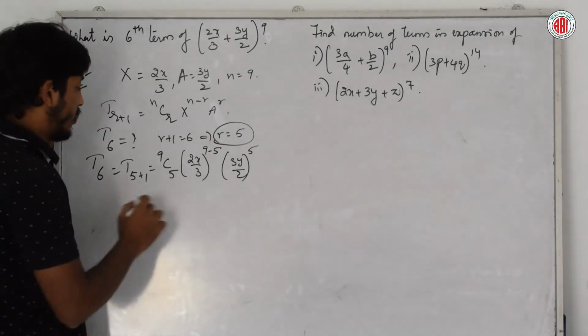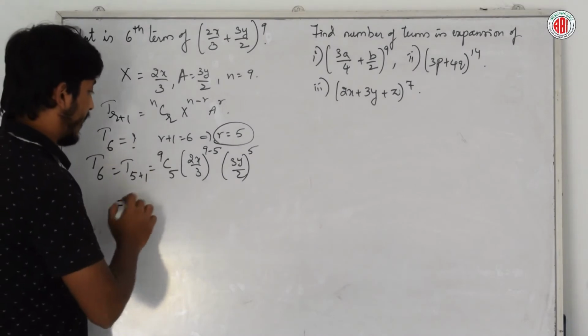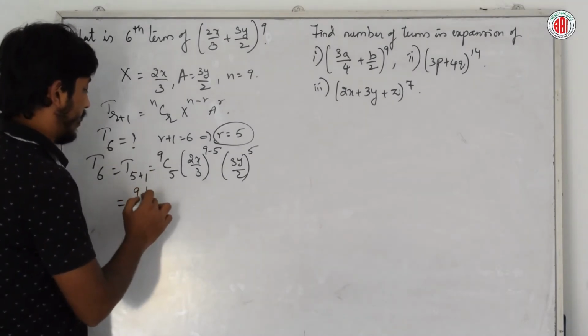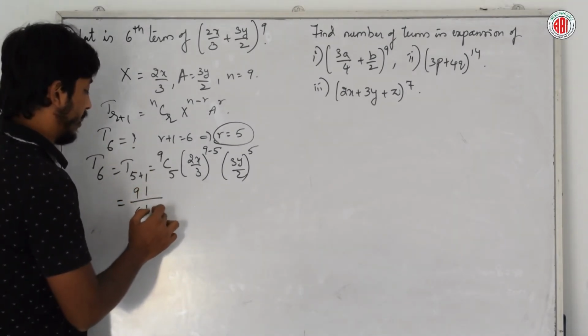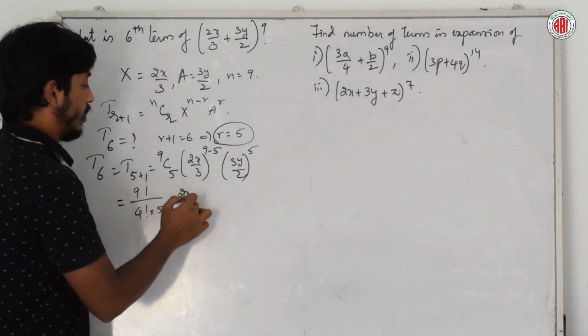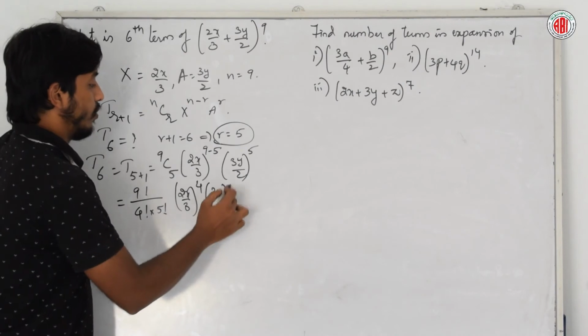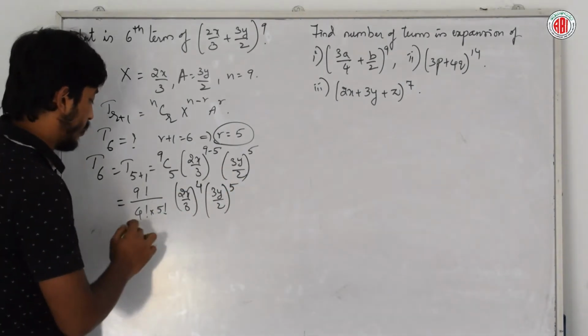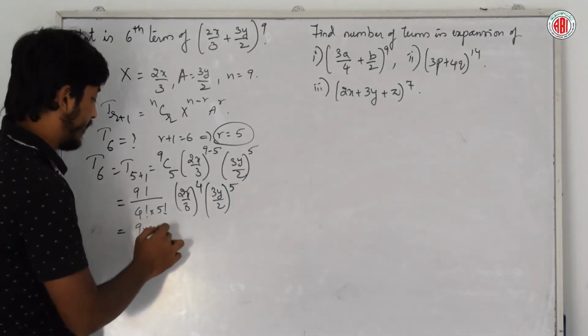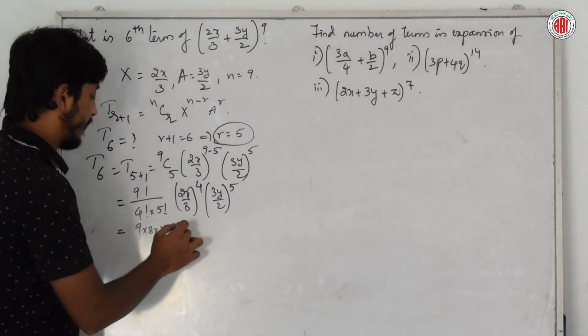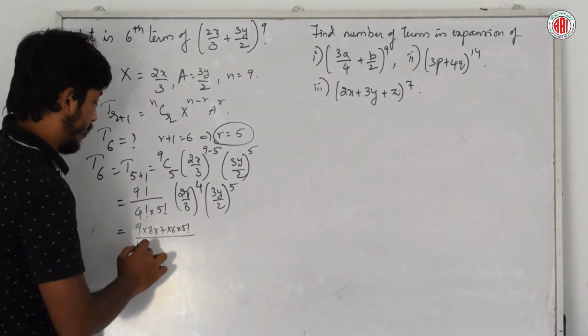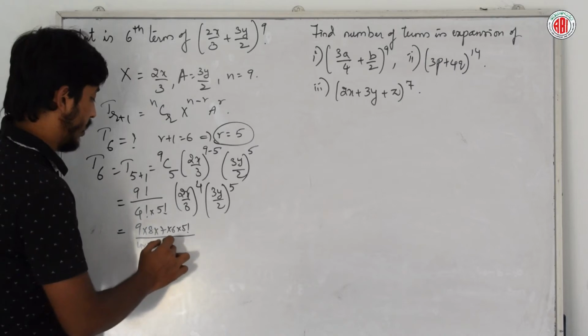Is it right? So let me simplify now. What is 9C5? 9 factorial by 4 factorial into 5 factorial. Here (2x by 3) whole power 4, (3y by 2) whole power 5. So this will be like 9, 8, 7, 6, 5 factorial by 4, 3, 2 into 5 factorial.